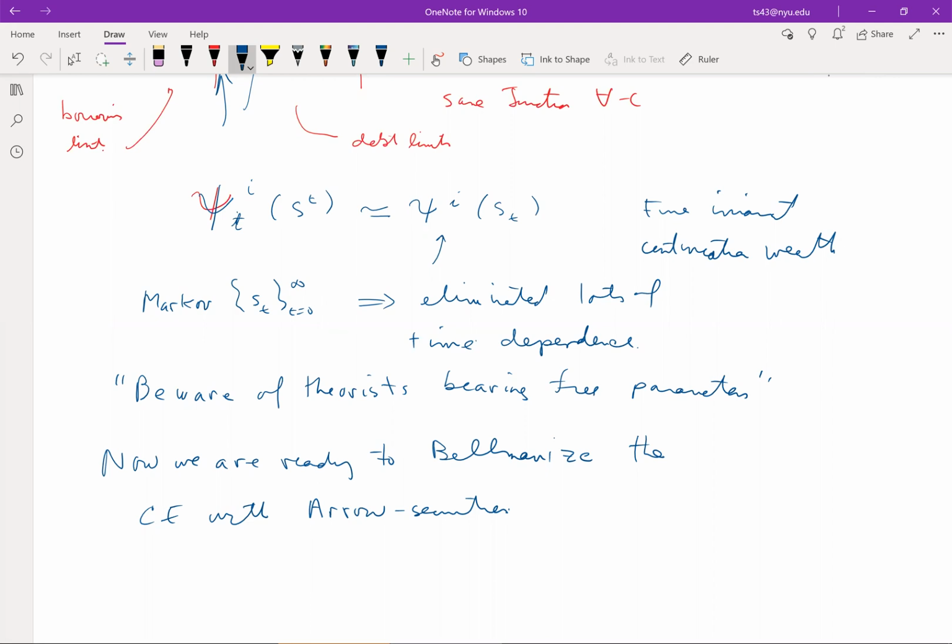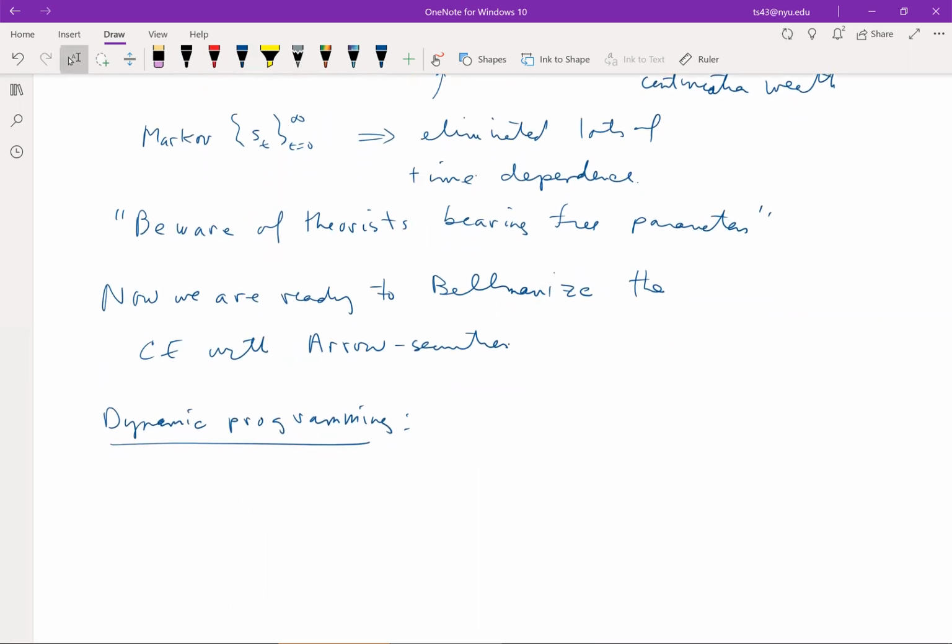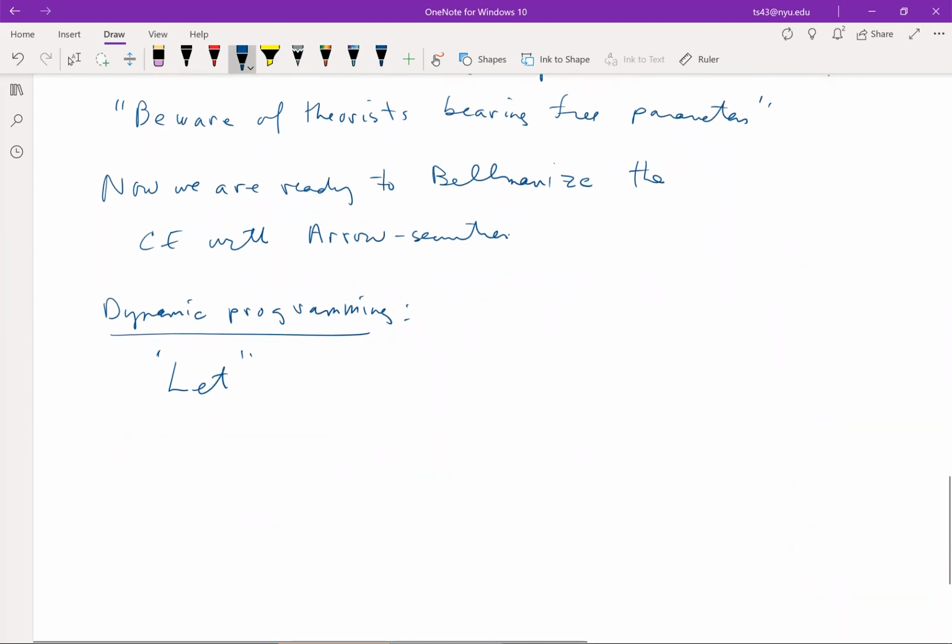So here goes. When you do dynamic programming, you always begin with one word, and that word is let. Okay, so let's do it.